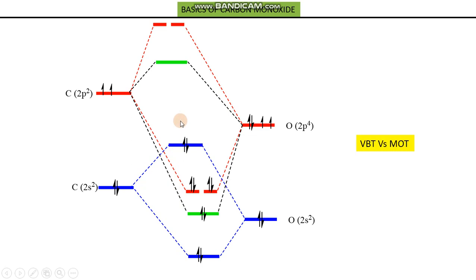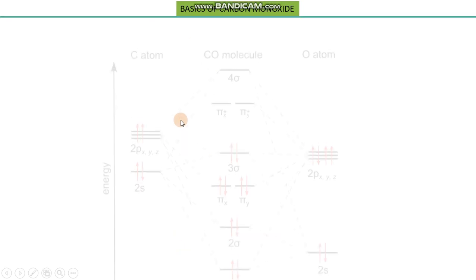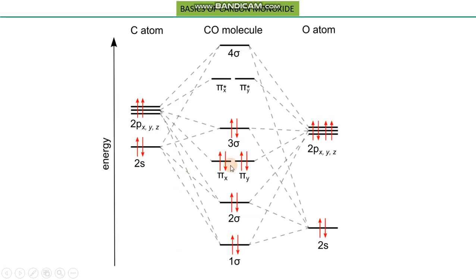And let's see the figure in another form. This is taken from another book or another source. Sometimes we have to place these pi orbitals lower than sigma and sometimes sigma lower than pi. In different books, or for different compounds, you will find these energies in a different order. But anyway, what you are representing is okay.